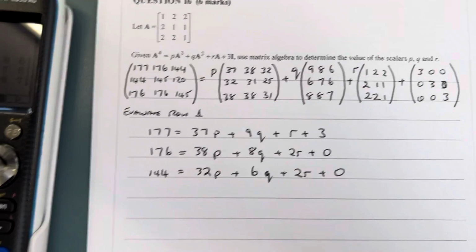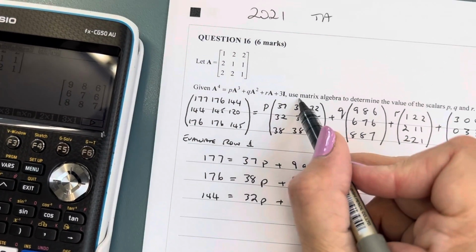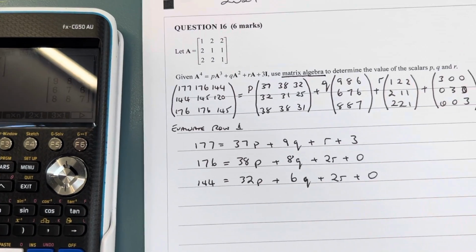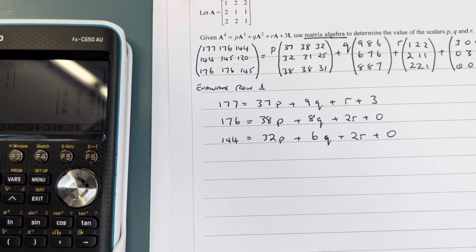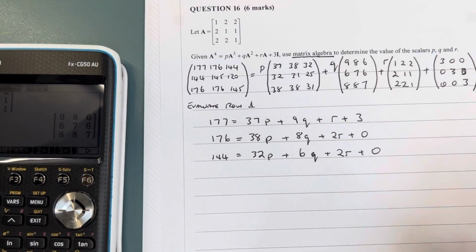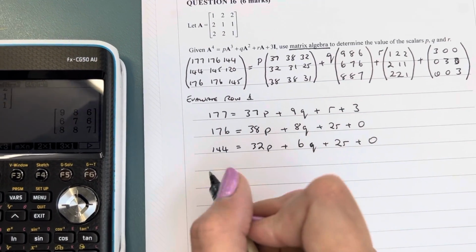Now, keeping in mind, I need to solve them using matrix algebra. It's very clear that I must use matrix algebra. So I can't just go to solving simultaneously on my calculator. I'm going to do a rearrange.